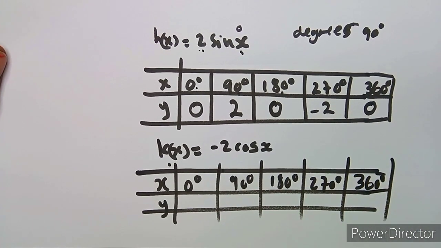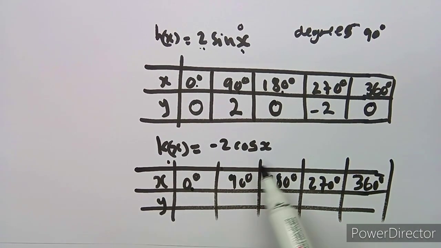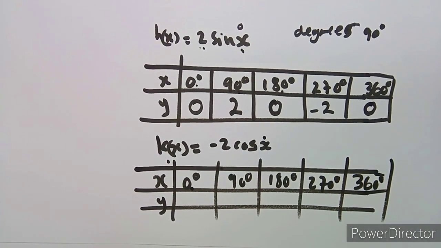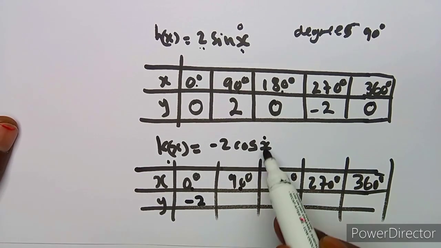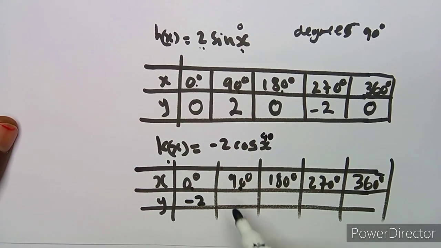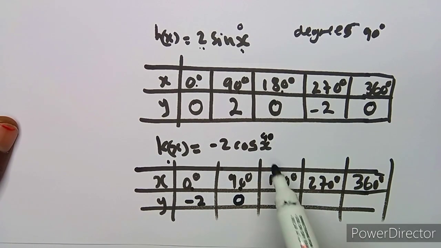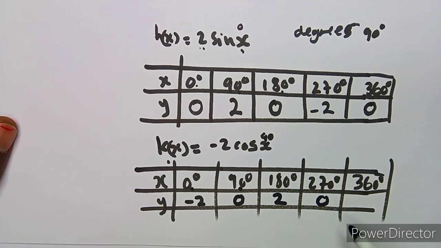So when x is equal to 0, you substitute 0 here, which is going to give you minus 2. When x is 90, you substitute 90 here, which is going to give you 0. When x is 180, you do the same, plus 2, 0 there, minus 2, and so on.